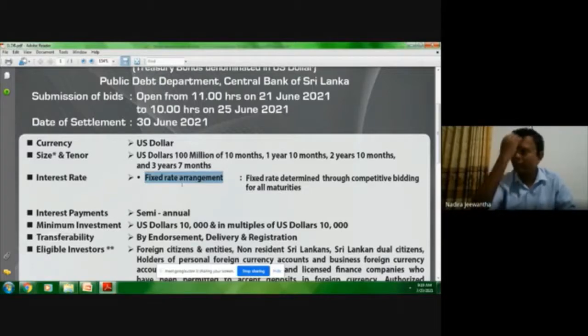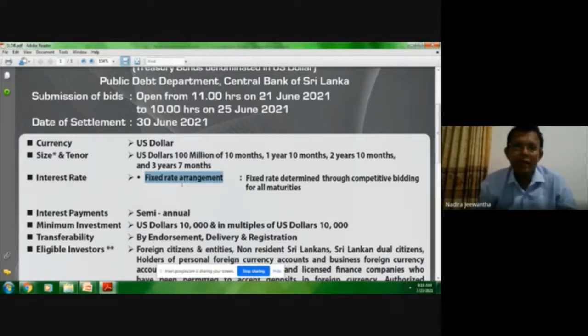Now, how many designated currencies are there in Sri Lanka? We have 40. Now, what is the recent addition? What currency did the Central Bank allow recently? Thai baht, right? Thai baht is the recent addition. It is the Chinese renminbi, a new addition.